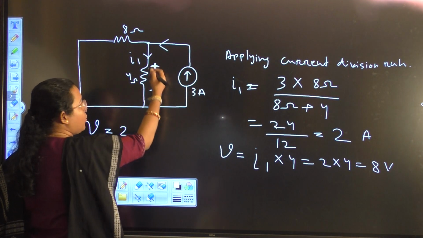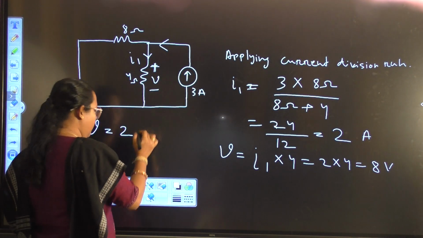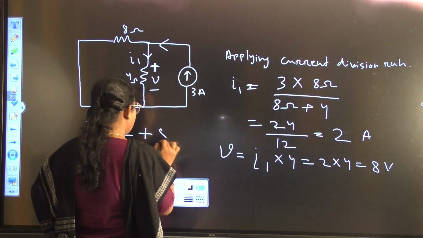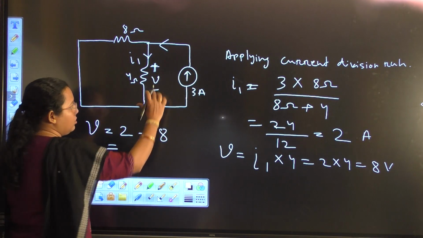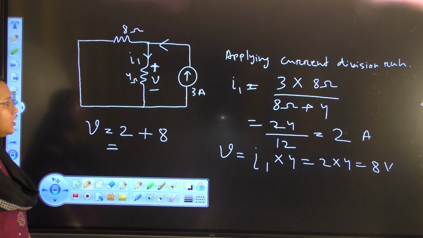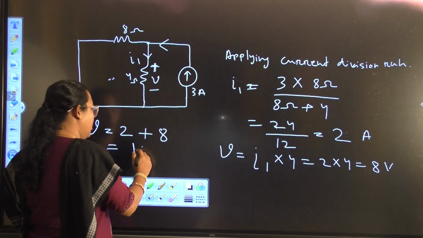As the polarity in this case and in the previous case were same, I can add both the voltages and find out the contribution of both the sources towards this 4 ohm resistor. So altogether I am getting 10 volt.